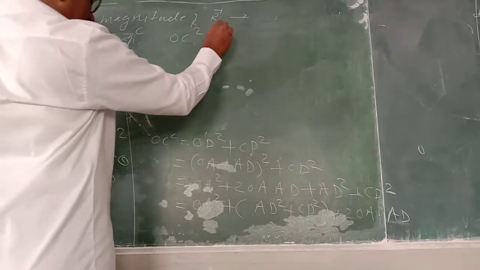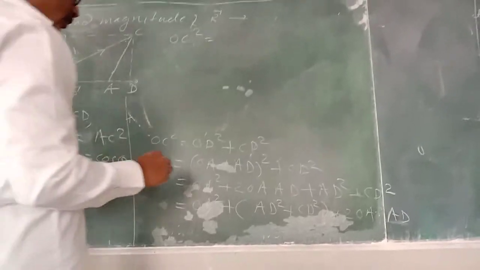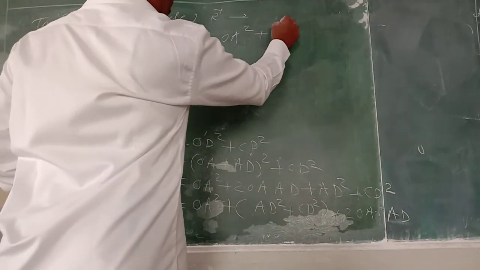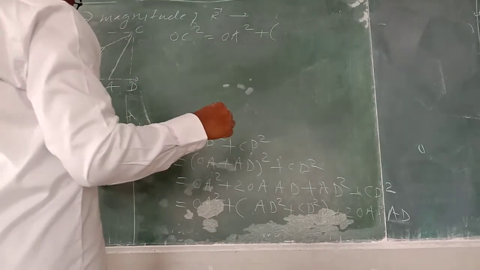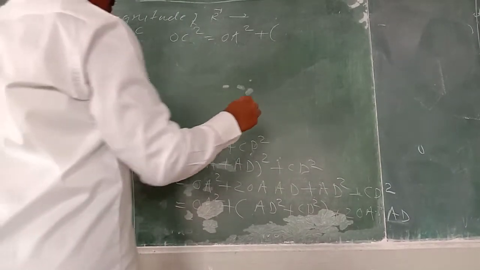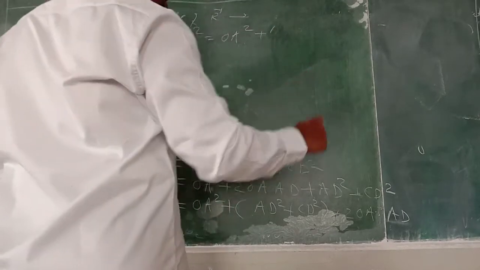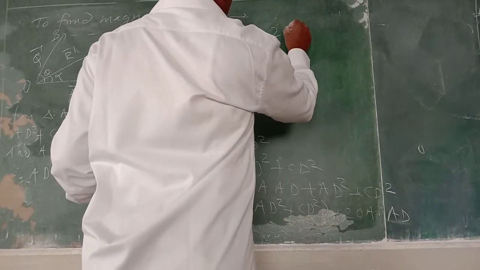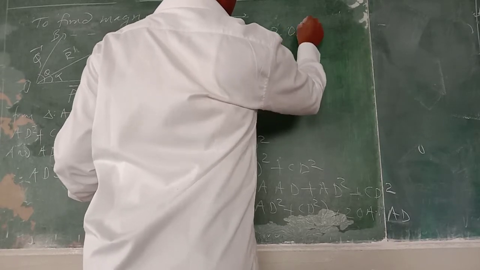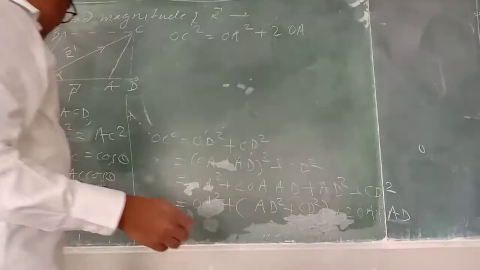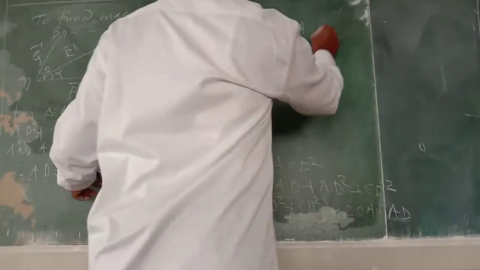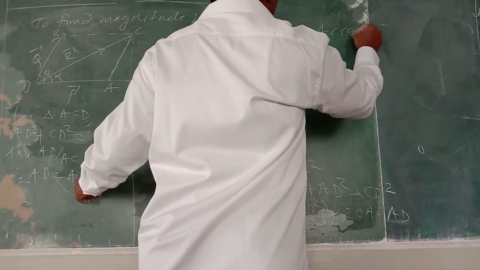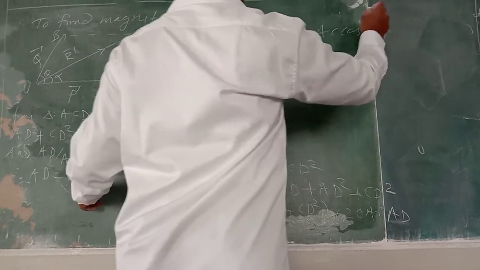OC square equal to, putting this value of AD, OA square plus AD square plus CD square equal to AC square, plus twice OA into AC cos of theta.